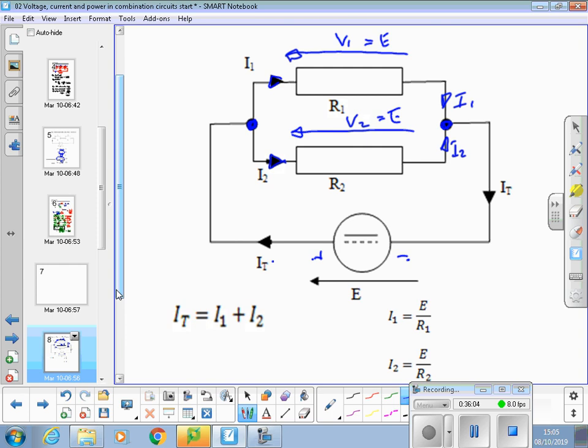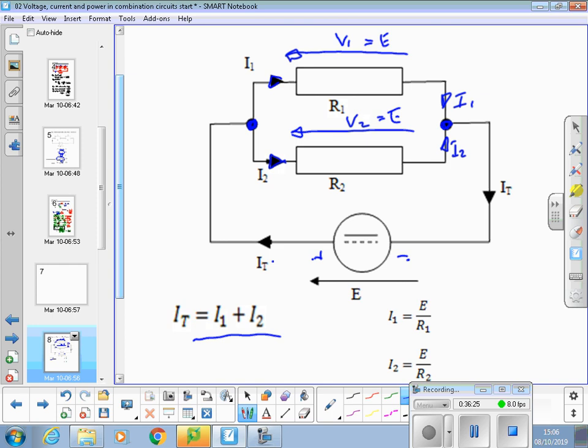All right. So calculation-wise, we can say that the total current is these two currents added together, and we'll formalize that in the next couple of weeks with Kirchhoff's current law.